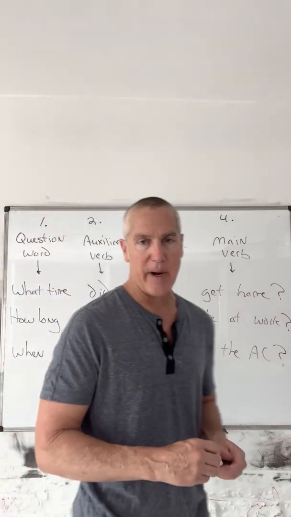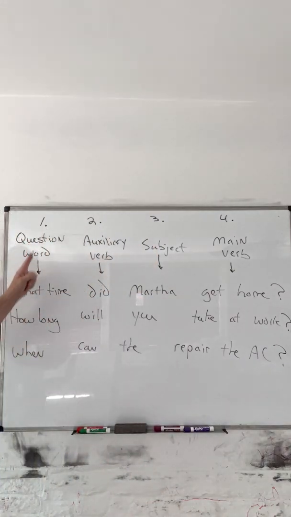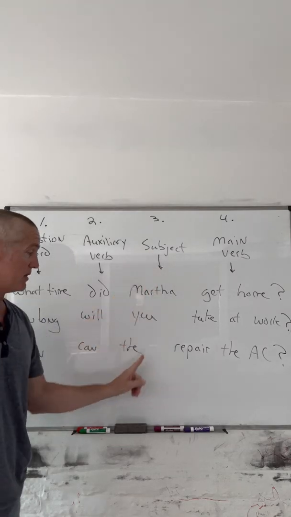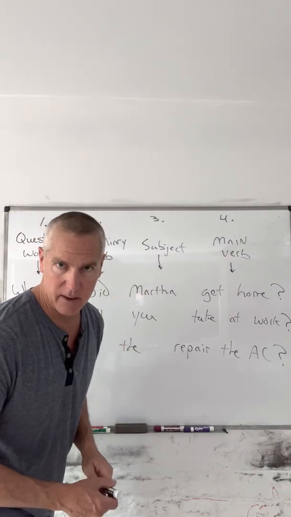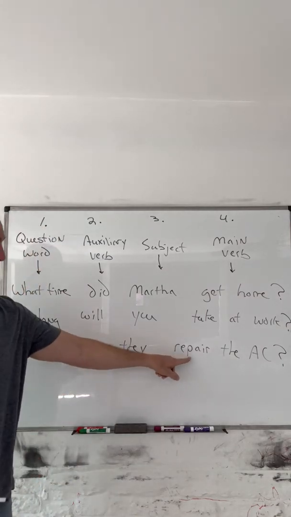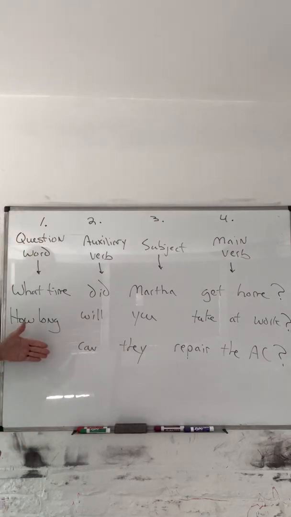When can they repair the air conditioning? Again, question word: when. Auxiliary verb: can. Subject, oops, I made a little mistake: they. Main verb: repair. When can they repair the air conditioner? Can they repair the air conditioner? Yes, they can.